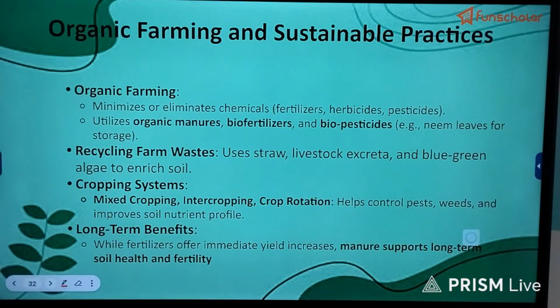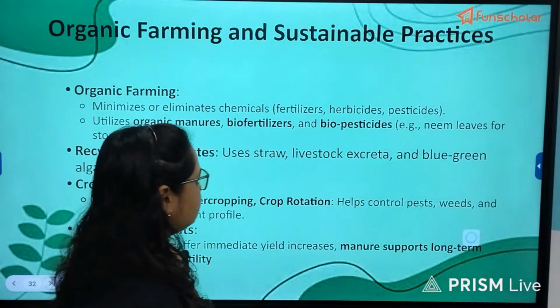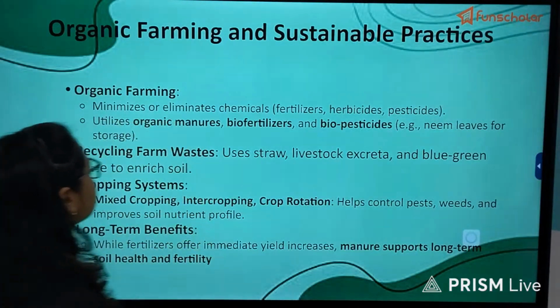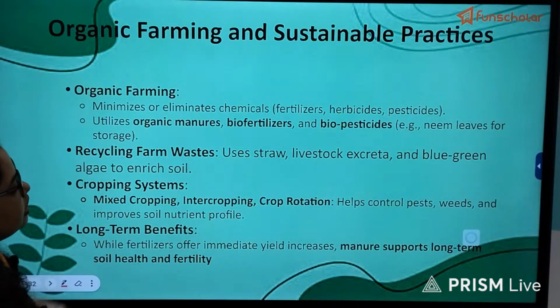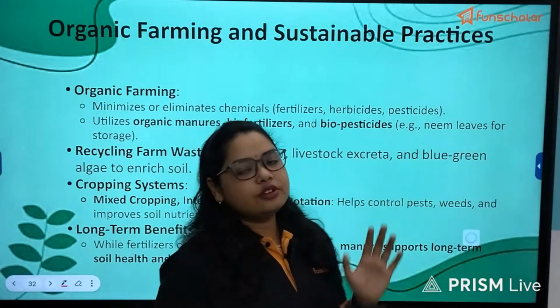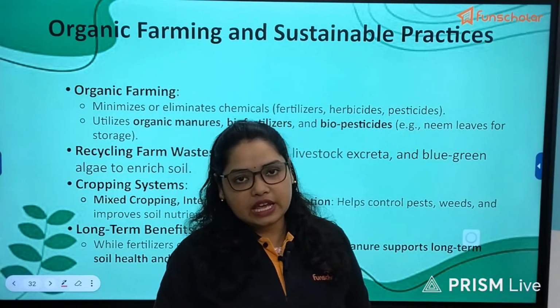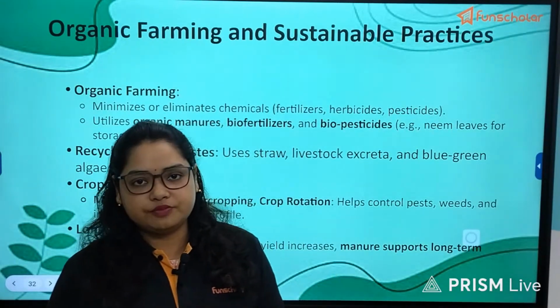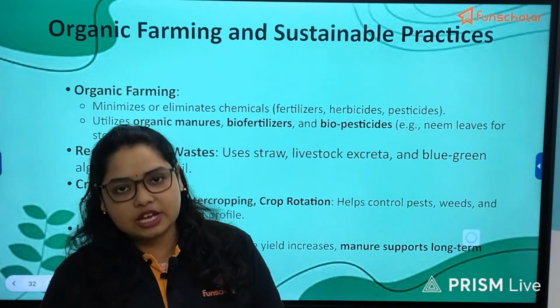Then organic farming means minimum or negligible use of chemicals, and the focus is on organic manure, biofertilizer and biopesticides. Though sometimes the organic methods fail, so we then need to shift our focus to the chemical ones.